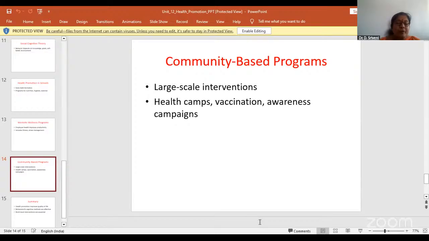So, community programs often involve restructuring the environment by providing cues, reminders, and reinforcement that promote health, such as clean surroundings, availability of healthcare services, and public policies supporting safety and well-being.